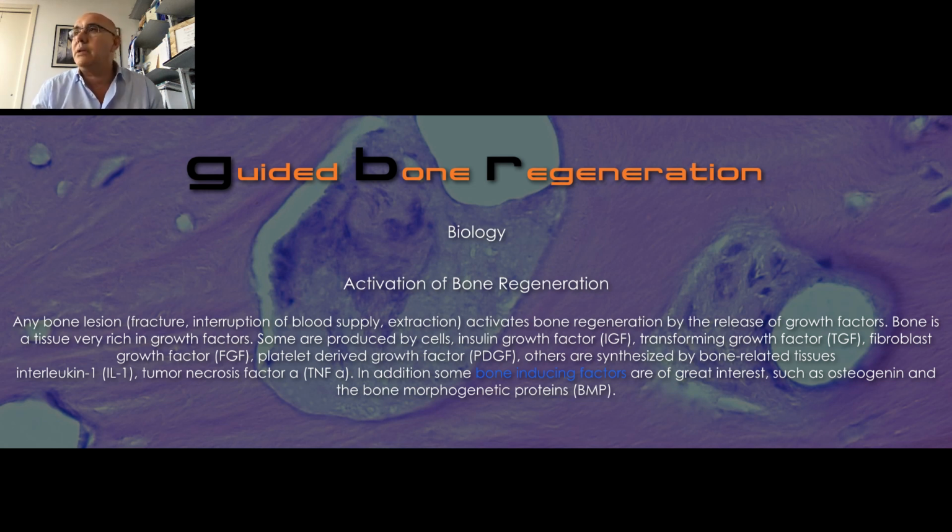So you know that whenever you have a trauma, if you make the bone bleed, you will get these cells that are the ones helping the bone to regenerate and to heal. And of course, the osteogenin and the bone morphogenetic proteins, which are the bone-inducing factors in the bone marrow, are very, very important.